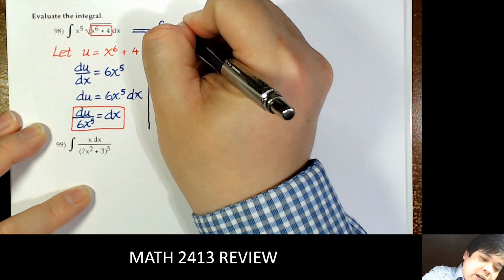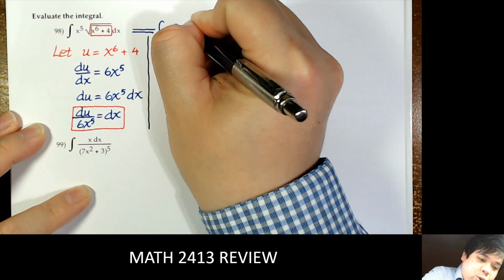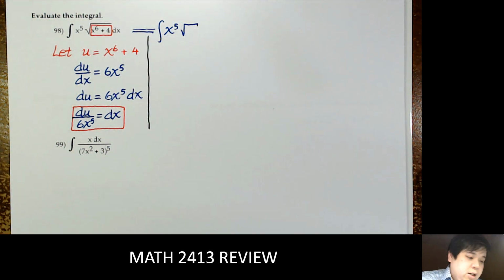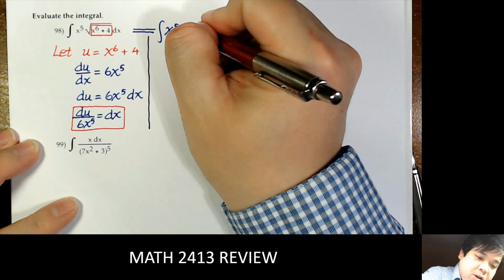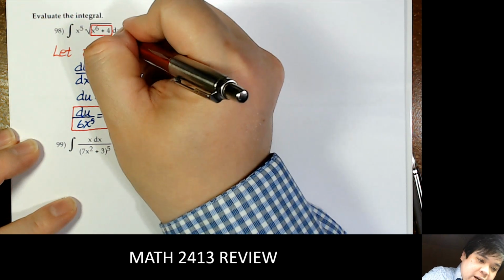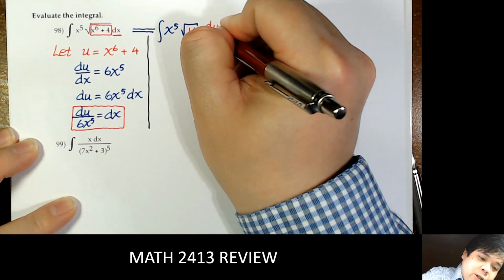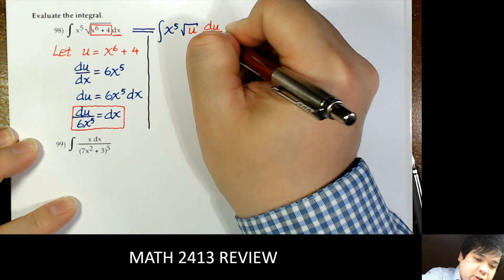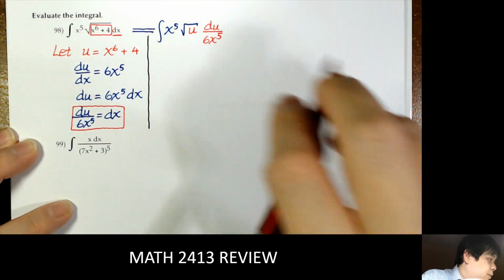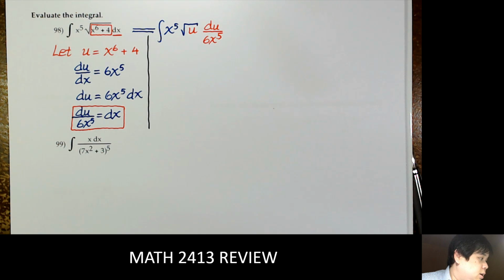The x to the 5th stays there, and then we have the square root. x to the 6 plus 4 is going to be u, and then dx is replaced by du over 6x to the 5th power. Right?